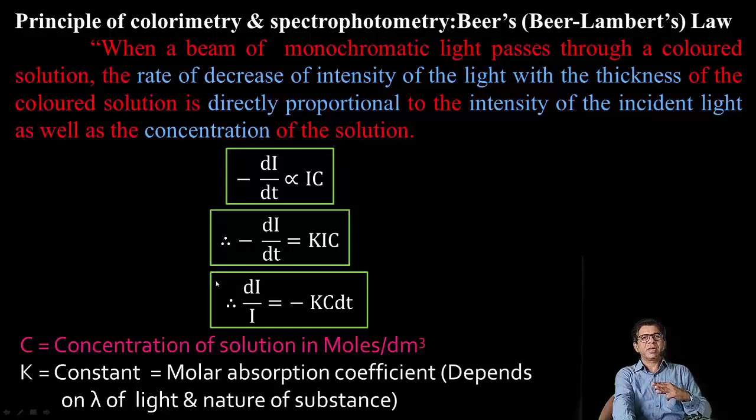This equation is rearranged to dI by I is equal to minus Kc dt, where C is the concentration of solution in moles per decimeter cube and K is the proportionality constant, also called the molar absorption coefficient, which depends upon the wavelength of the light and the nature of the absorbing substance.